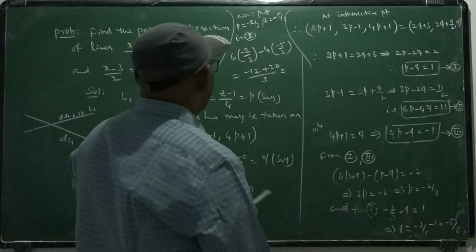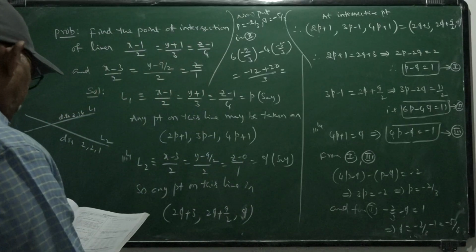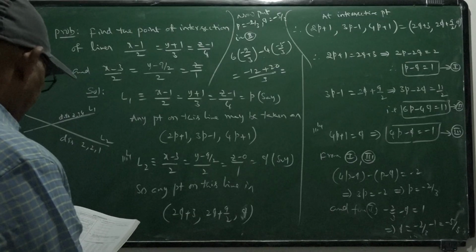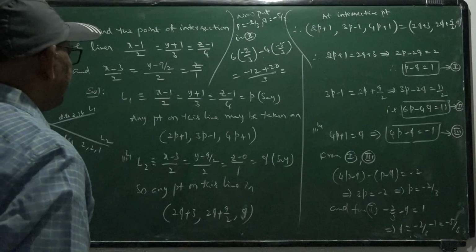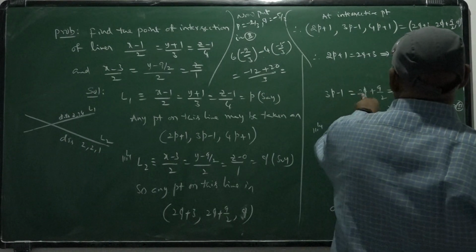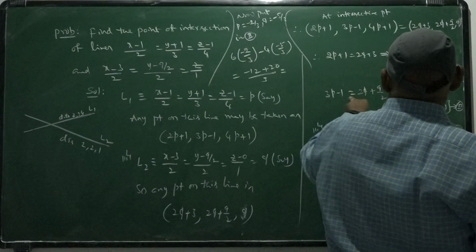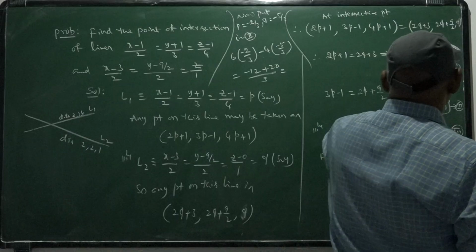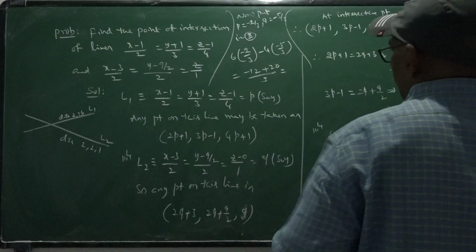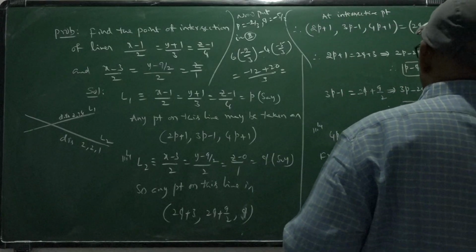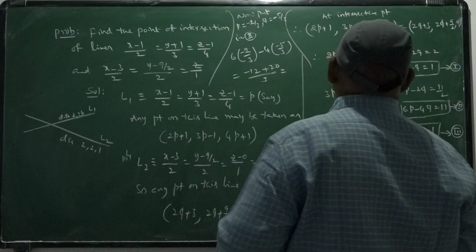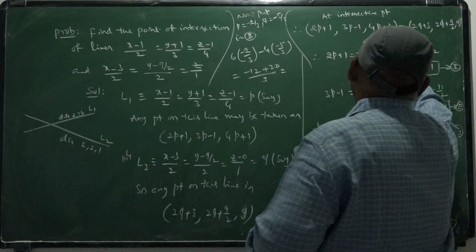Once again you check the values. 3p minus 1 equal to (2q plus 9) by 2, which gives 6p minus 4q equal to 11. Then 4p plus 1 is q, so 4p minus q equal to minus 1. 2p plus 1 equal to 2q plus 3, so 2p minus 2q equal to 2, p minus q equal to 1.